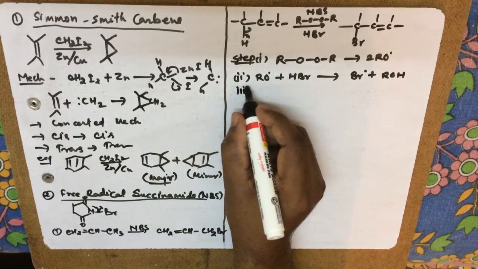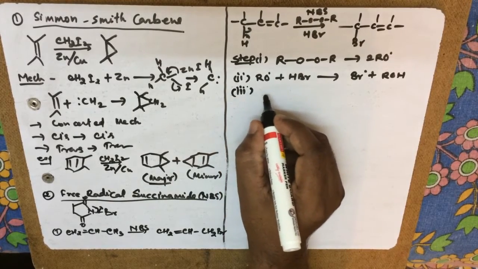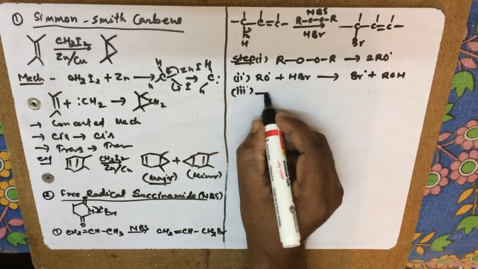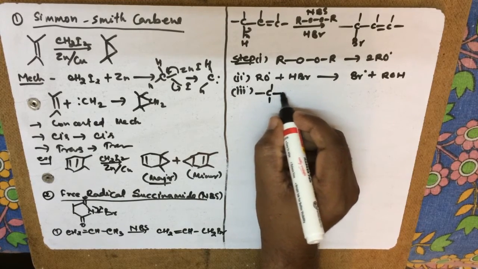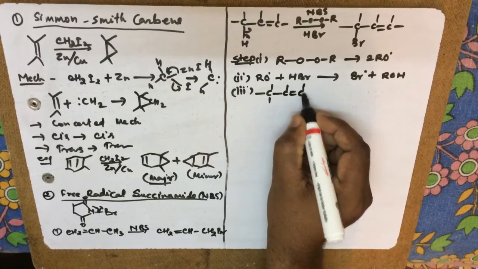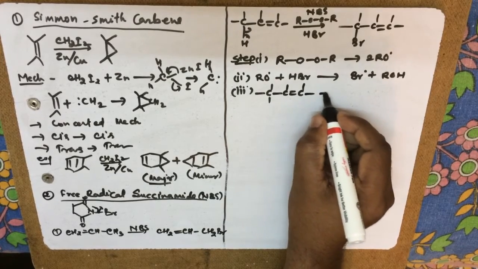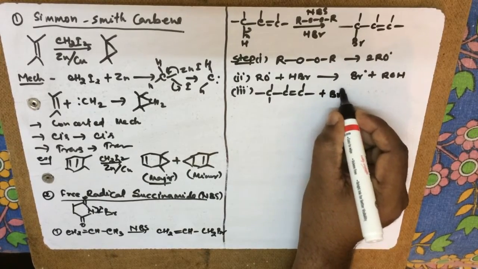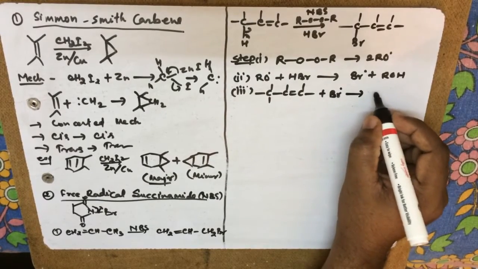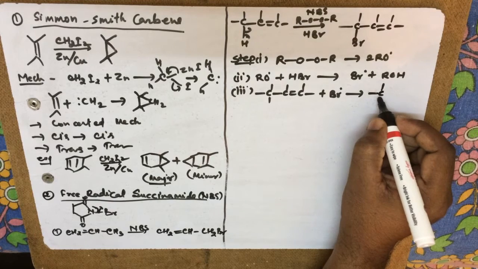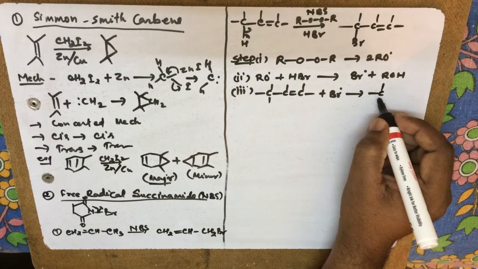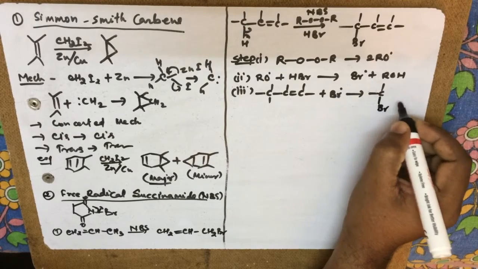Third step, your molecule will react with this bromine radical and you will get your product.